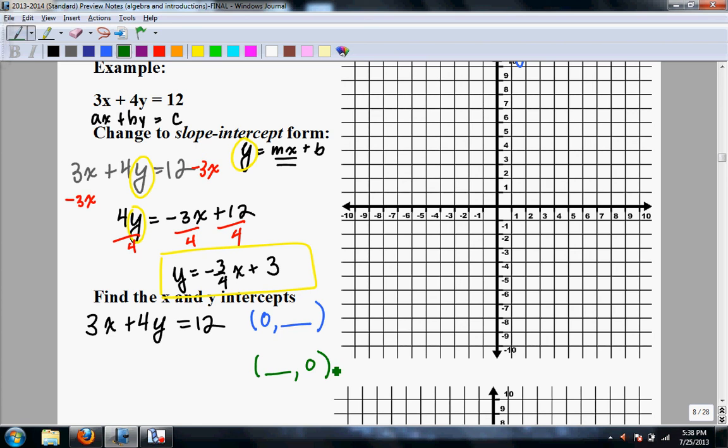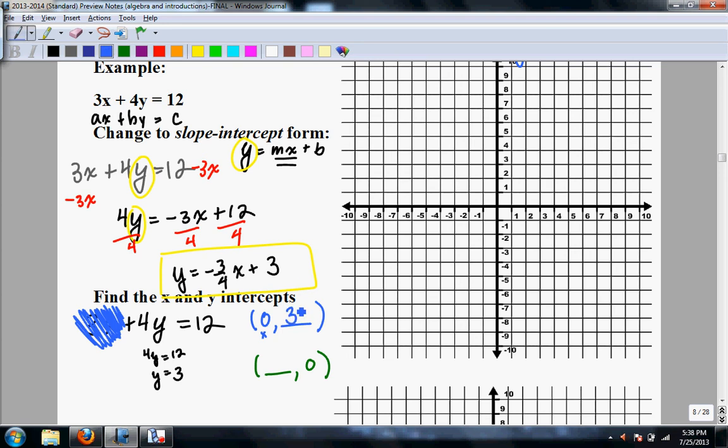Okay, now just use a little brain power here. If we put a 0 in for x, that basically scratches out the x term, since that's 3 times 0. Now we have 4y equals 12, so y, if you divide by 4, of course, equals 3.